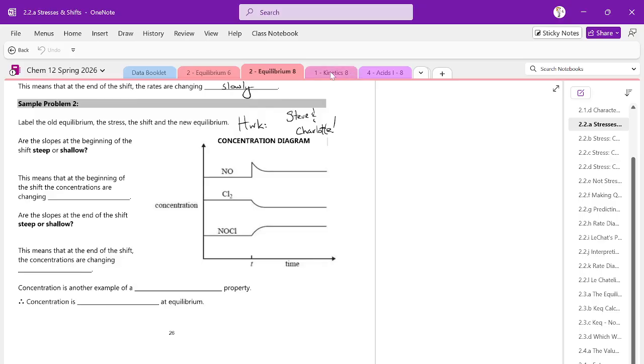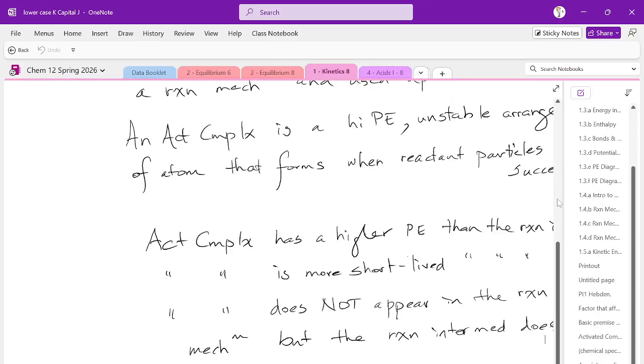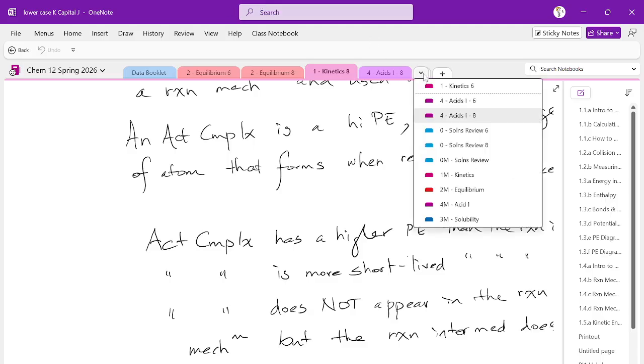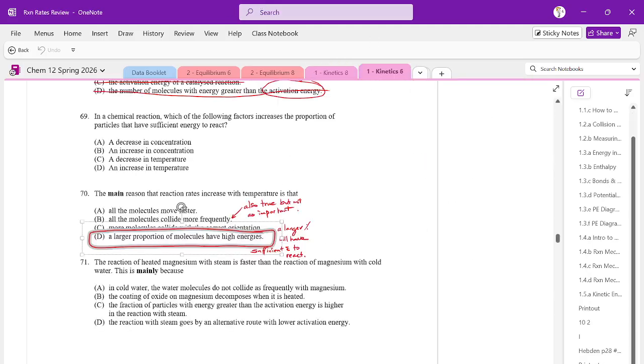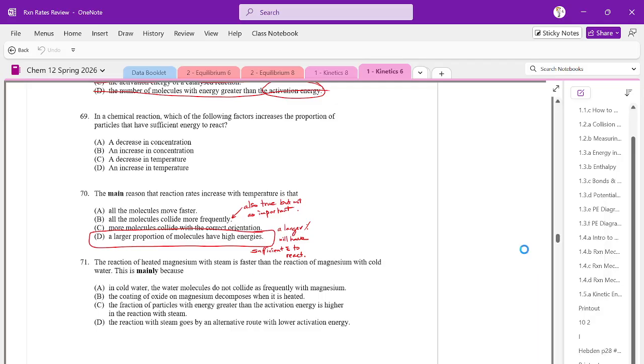Yeah, perfect. Okay. Kinetics. We need kinetics. Kinetics 8. There we are. Oh, hang on. Where did I put it? Well, let's go here then. Okay. Copy.